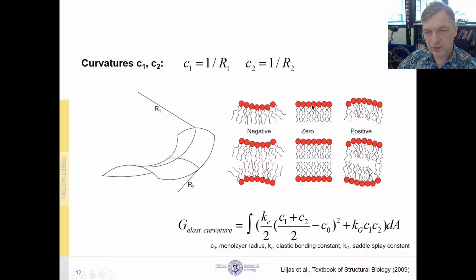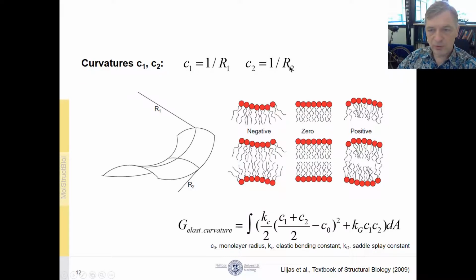You see here, the curvature is 0 in the planar lamellar L-alpha phase. The curvature is calculated by the inverse of the apparent radius. So the radius would be somehow here, that would be part of a circle, and they are put on this kind of head groups.